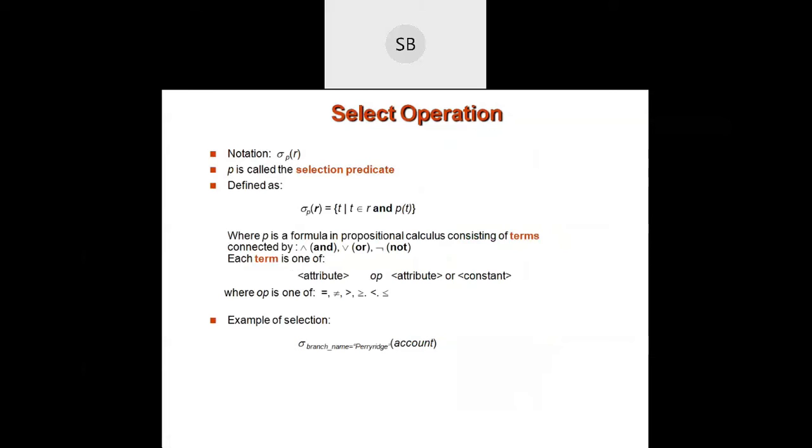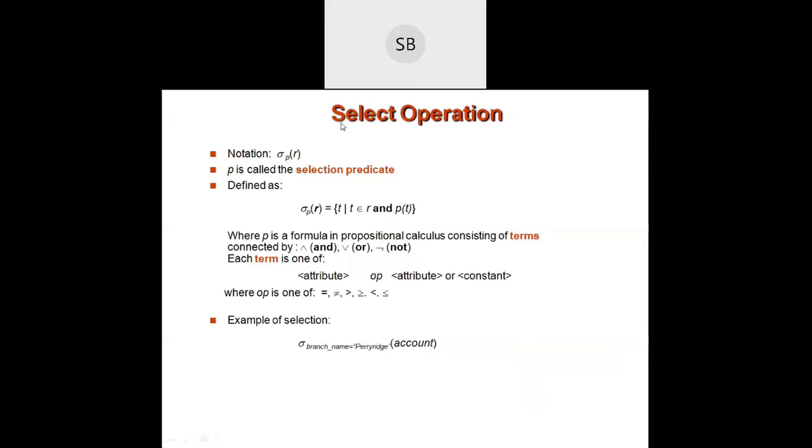An example of the select operation is like this. First, the notation for select is sigma, where P is the predicate or condition, also called the subscript, and R is the relation name, the single relation argument.